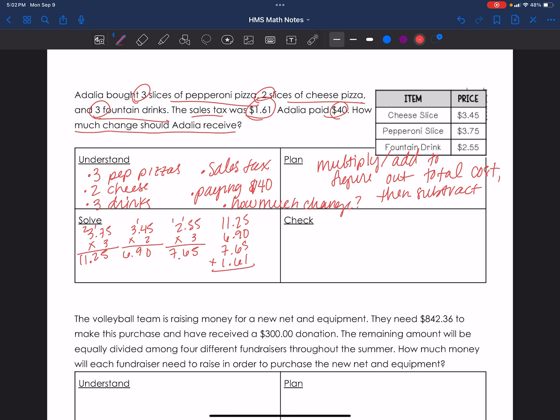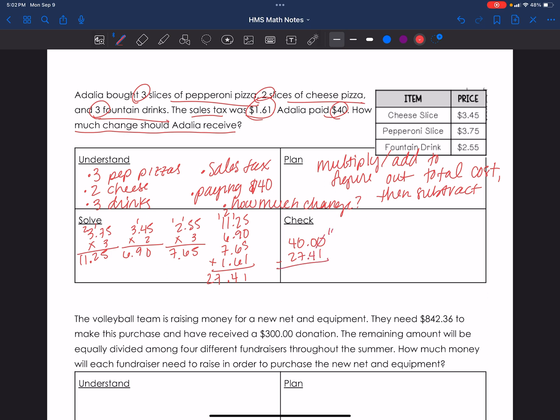So 5 plus 5 is 10, plus 1 is 11. 3 plus 9 is 12, plus 6 is 18, plus 6 is 24, bringing down my decimal. 2 plus 1 is 3, plus 6 is 9, plus 7 is 16, plus 1 is 17. Okay, so $27.41. And then I am subtracting that from 40.